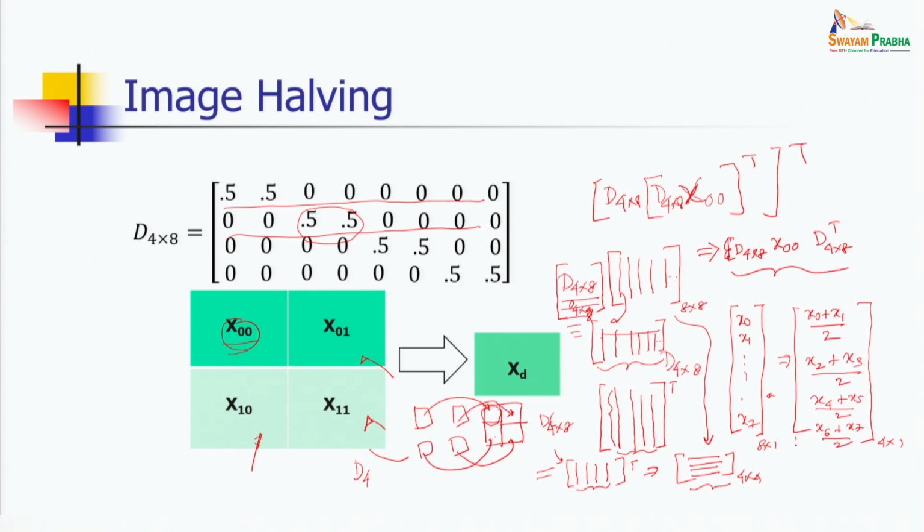Now this will be augmented by zeros. So now you can see that if I use this matrix for x 0 0, what will I get? I will get an 8 cross 8 block, but only this quadrant will be the downsampled form and the rest of them will be 0.